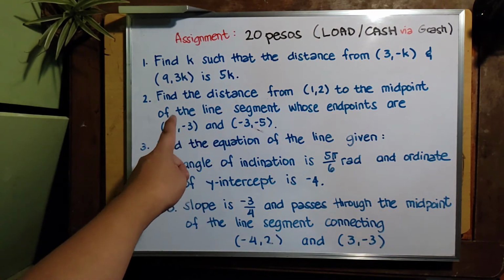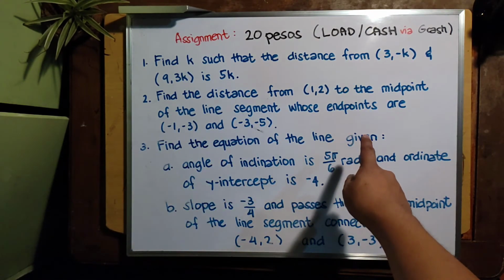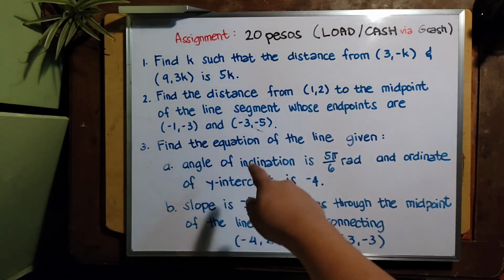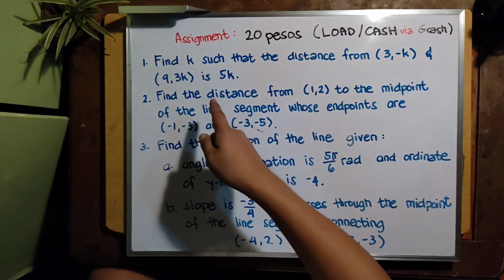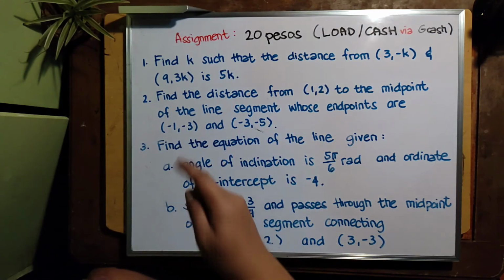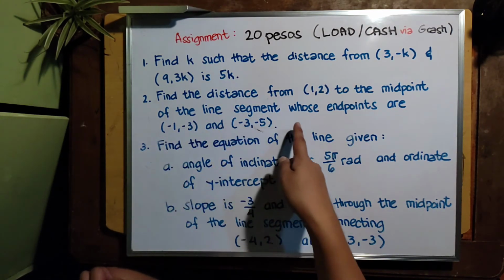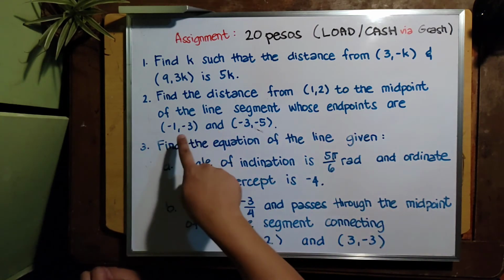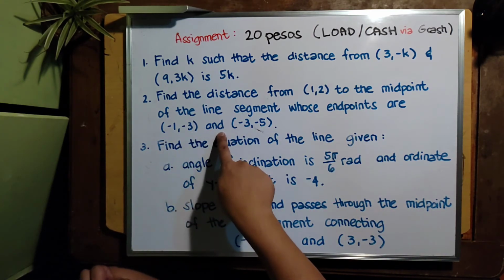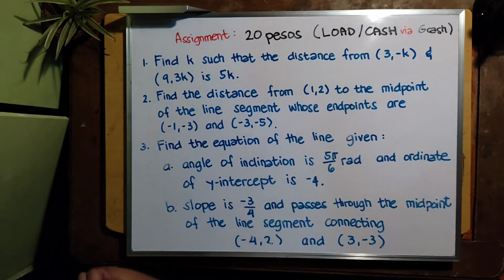Number 1, find the value of k such that the distance from (3, -k) and (9, 3k) is 5k. Number 2, find the distance from (1, 2) to the midpoint of the line segment whose endpoints are (-1, -3) and (-3, -5).